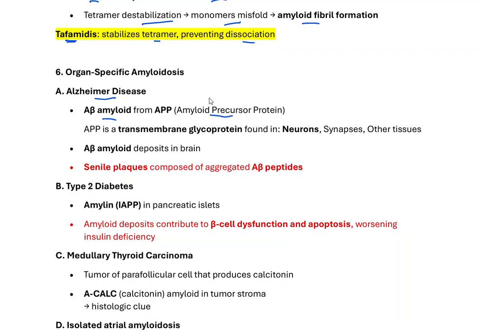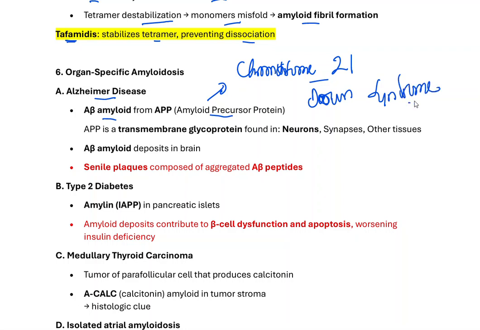And remember, the gene for this amyloid precursor protein is located on chromosome 21, and that's why in patients who have Down syndrome, remember, in Down syndrome patients, they have what? They have 3 of these chromosomes. So they have trisomy 21. And that's why those patients are going to be producing tons of this protein.